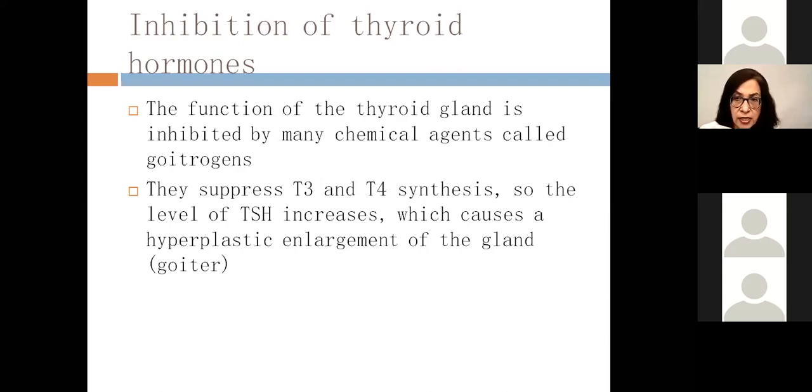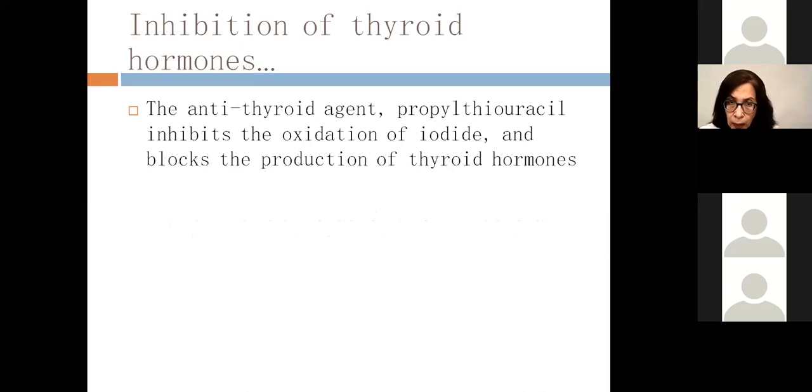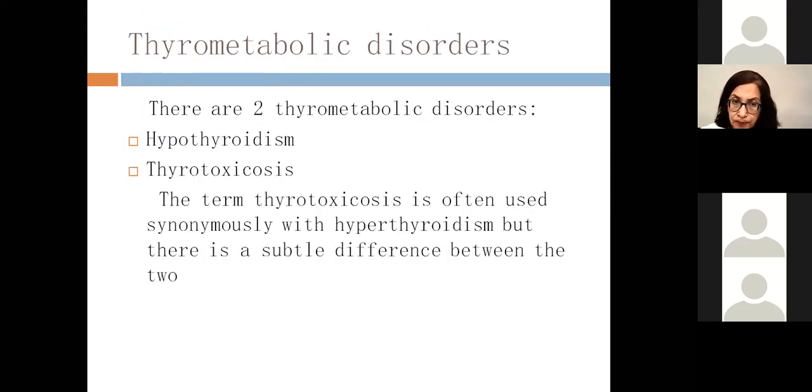When they cause less T3, T4, increased TSH will cause increased hyperplasia of the thyroid gland and goiter formation. The antithyroid drug propylthiouracil inhibits the oxidation of iodide and blocks the production of thyroid hormones. Each of these antithyroid agents has a different way in which it blocks thyroid hormone synthesis. This you will do in your pharmacology.